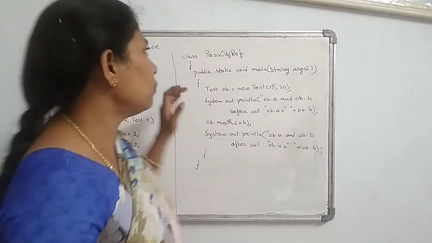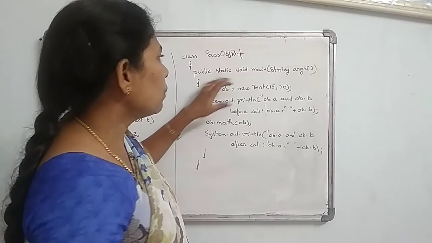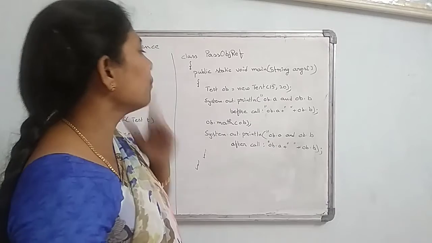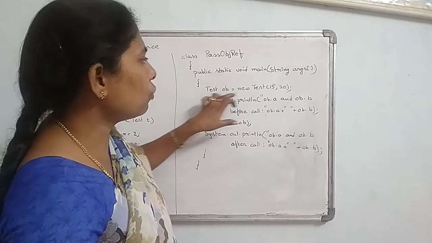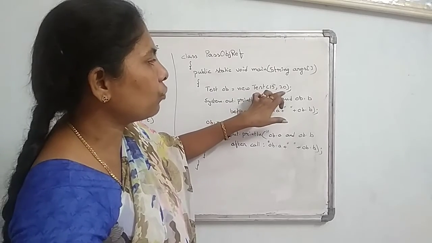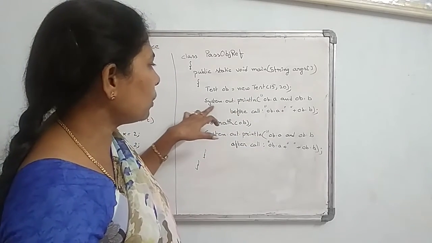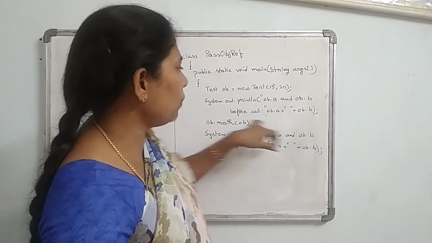And if you go to the main class object reference, first I am taking the main method, public static void main(String args[]). In that I am creating one object of the class Test. Test ob equals new Test(15, 20). So I am passing the values 15 and 20. Now I am printing with system.out.println ob.a and ob.b before call.